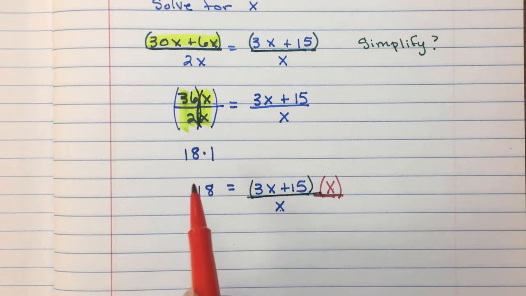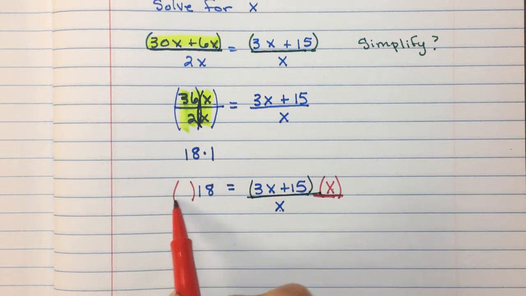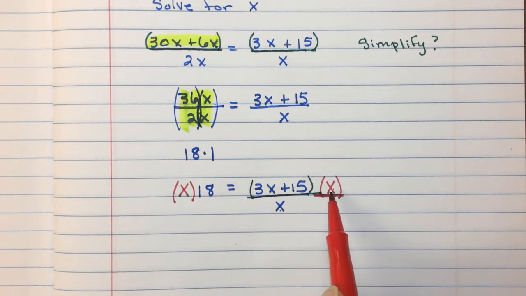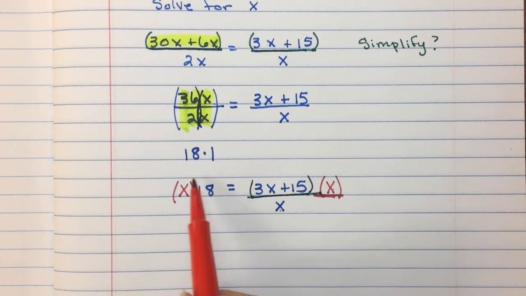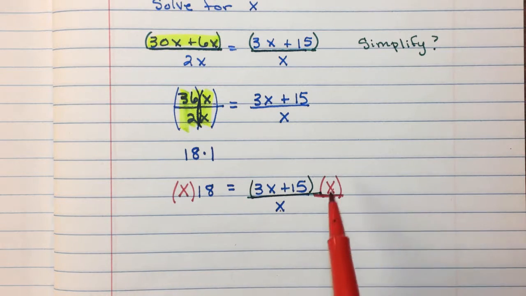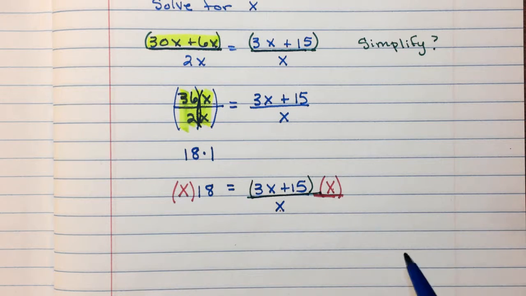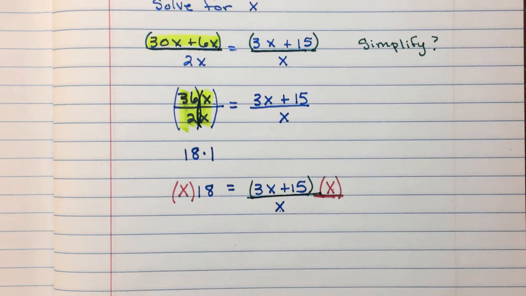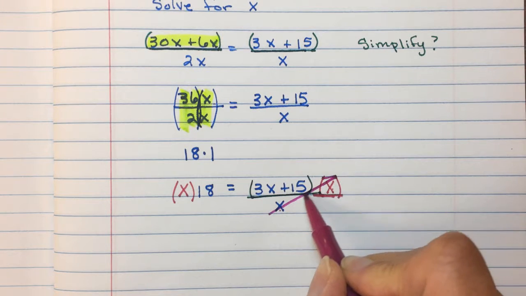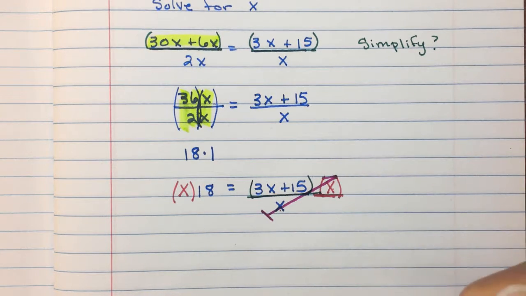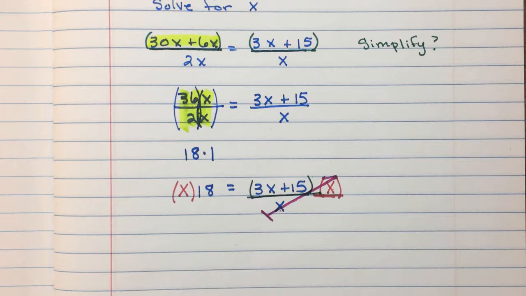What I do to one side, I have to do to the other. Since I introduced multiplying everything on the right side by x, I have to multiply everything on the left side by x. So that's going to help me to get that x out of the denominator. So we see here x divided by x, that is actually the number 1, and I did write the number 1 there.